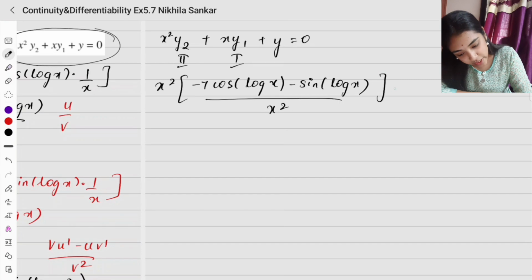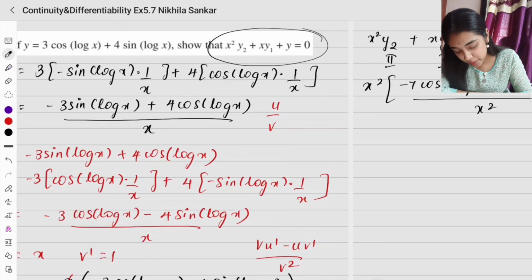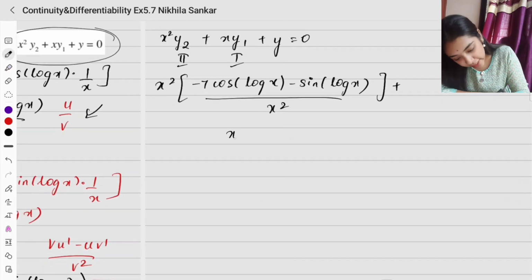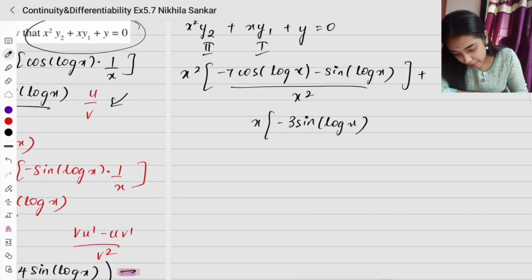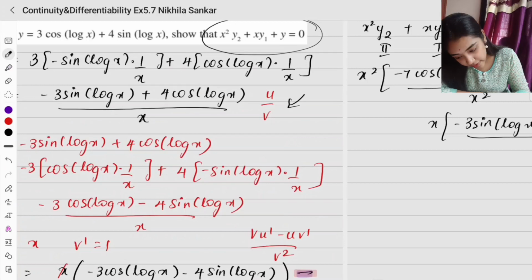This is x square y2. Plus now x y1. What is my y1, dy by dx? What did we get? It is over here. So, I have x times minus 3 sin of log x plus 4 cos of log x, the whole divided by x.